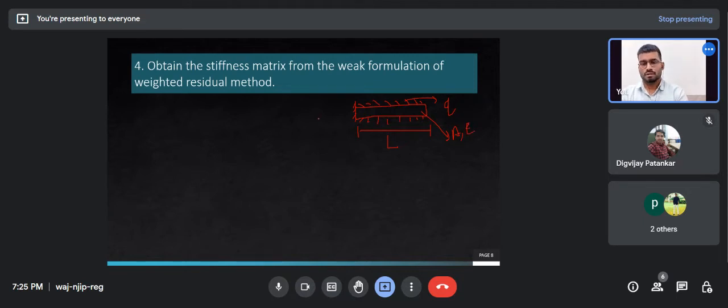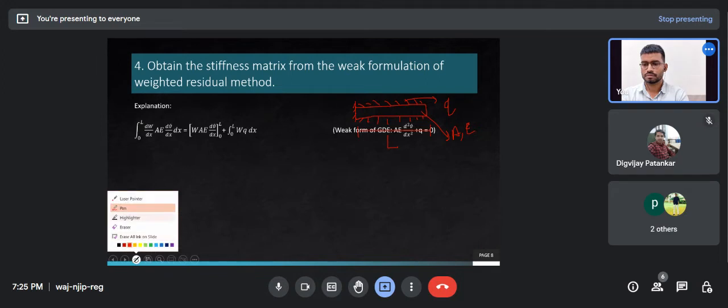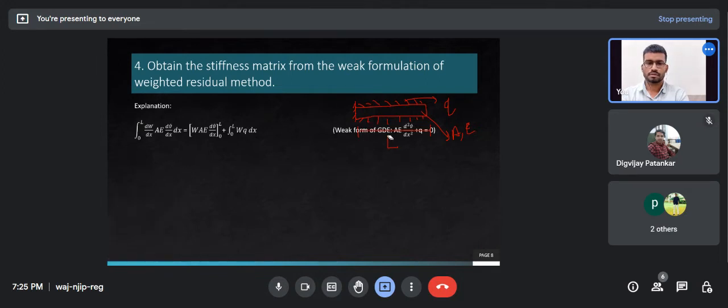Right, so for this we know that the governing differential equation is these terms, and when you derive the weak formulations, it will look like this.